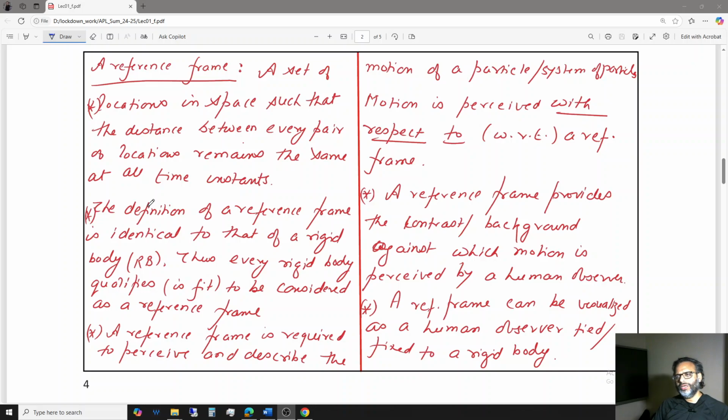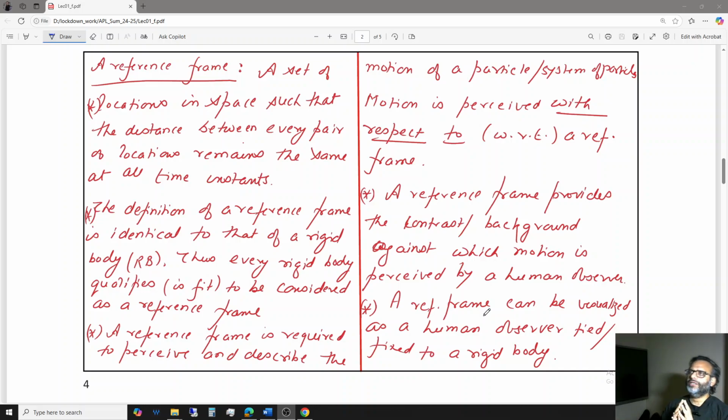Now mind you, a reference frame is required to perceive and describe the motion of a particle or system of particles. Motion is always perceived with respect to a reference frame. A reference frame provides the contrast, the background against which motion is perceived by human beings.